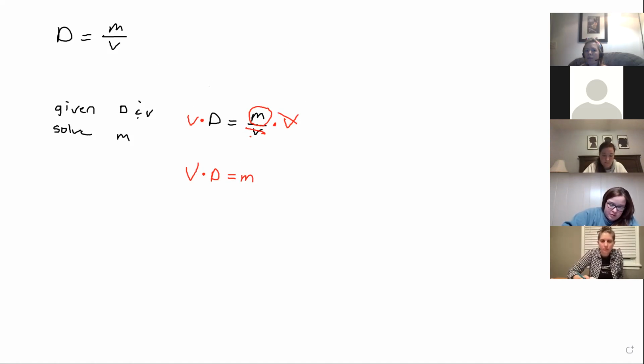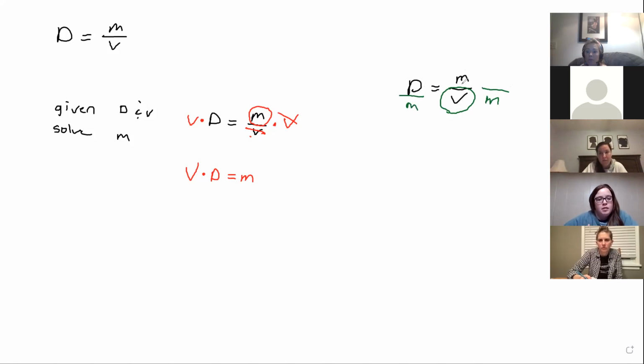So if I want to solve for volume, I'll use a different color here. Density equals mass over volume. All right, I want to solve for volume. So I want to get volume by itself. What I see happen a lot is students will go, okay, well, I'll get rid of mass. So I'm going to divide this side by mass and I'm going to divide this side by mass. That's great.